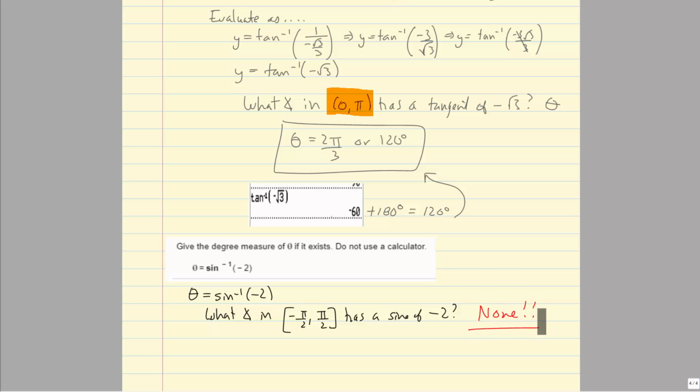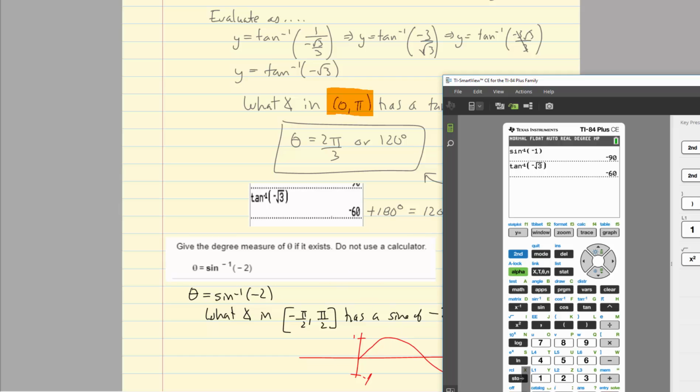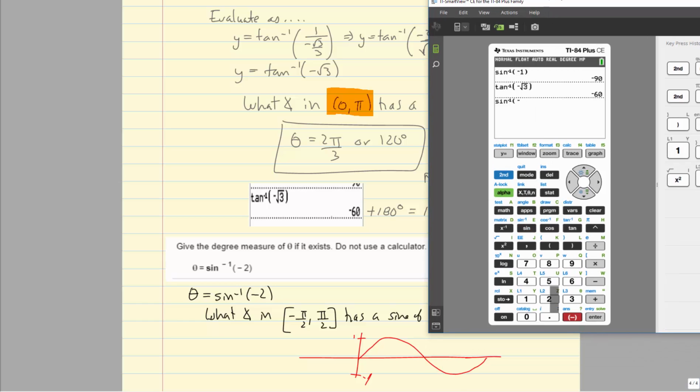There's no solution to this because if you think about the sine graph, remember it started at the origin, it went up 1, down 1. There's no point at where this goes to negative 2 that we're looking at here. So there's no solution here. Now if you put this in your calculator, and again we've been working in degree mode, but remember these are interchangeable, we could do inverse sine and then put in a negative 2, and we should get some sort of an error message or not possible, something like that.